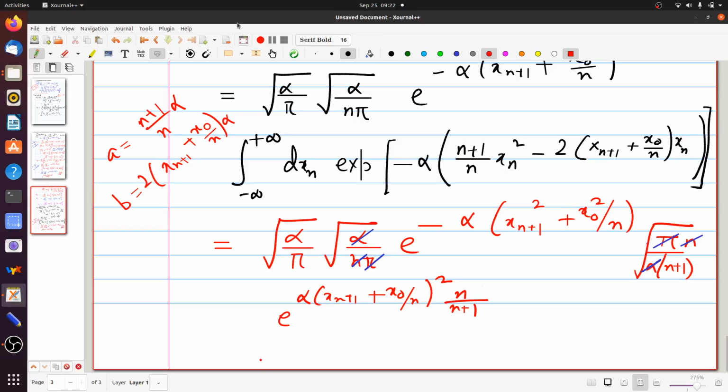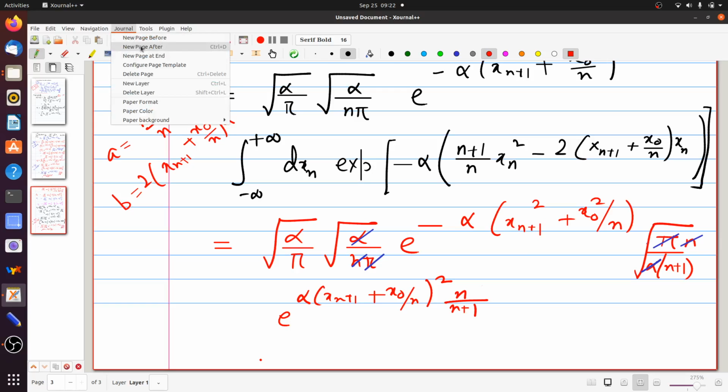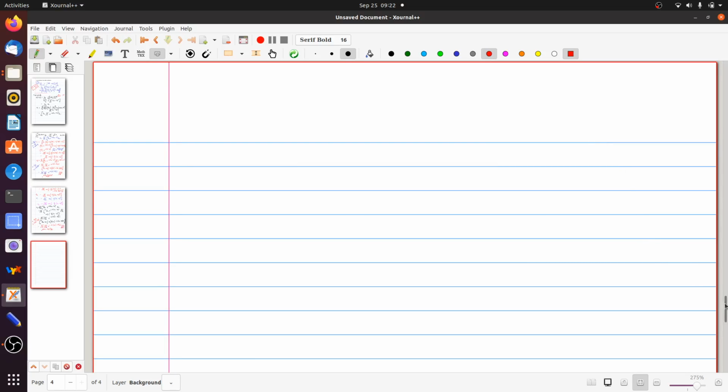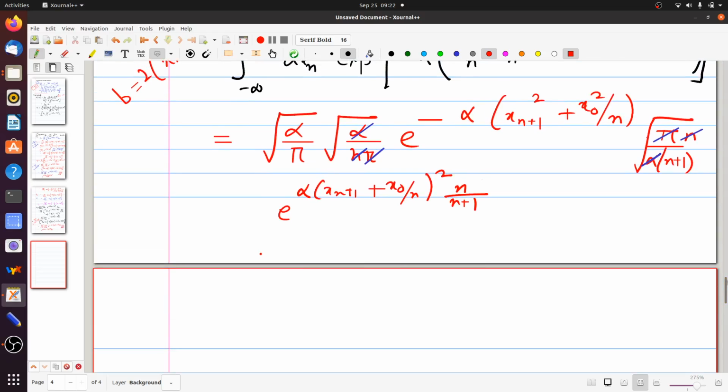So now let's open one more page and go on from here. So gathering all the terms together, what we get is root over alpha by n plus 1 pi, which, as I said, is a big hint that we are on the right track. And what about the exponential terms? Now, once again, I will take the n plus 1 common out along with alpha.